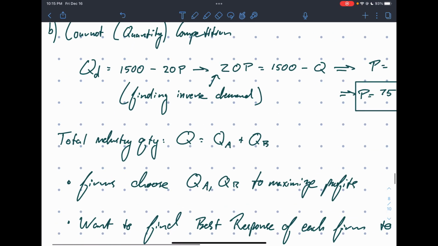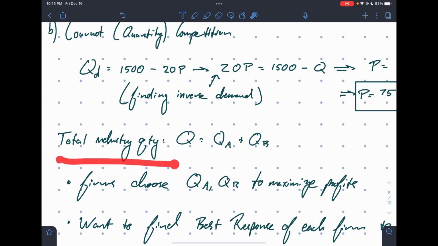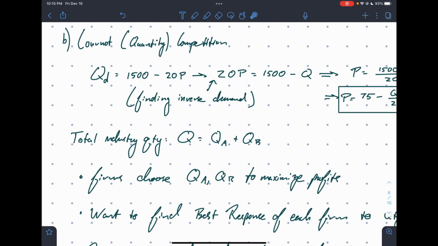The total industry quantity is just going to be the sum of what each firm produces: how much firm A produces plus how much firm B produces. Now, the game here is that firms are choosing QA and QB strategically to maximize their own profits, given what the other firm is doing.